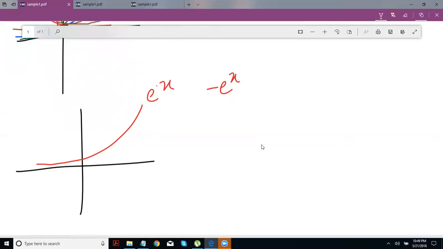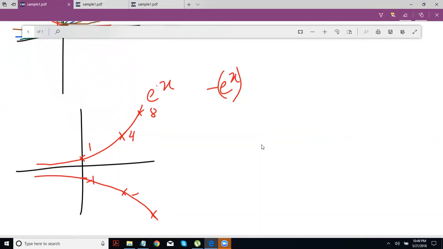Now, if you think about this, this is really just e power x, and every single value of y will just be multiplied by a minus sign. So let's say if here the value of y was 4, you would want minus 4. If here it was, let's say, 8, then you would want minus 8. If here, let's say, it was 1, then you would want minus 1, giving you this exponential curve.